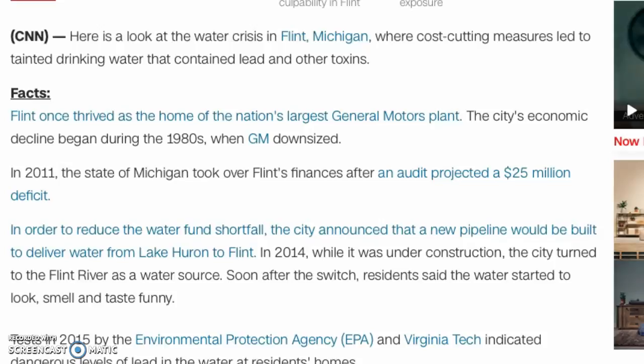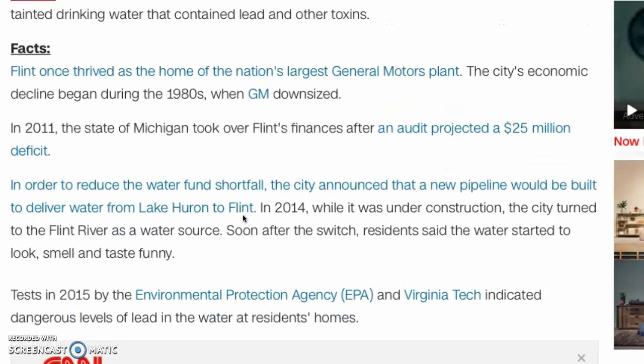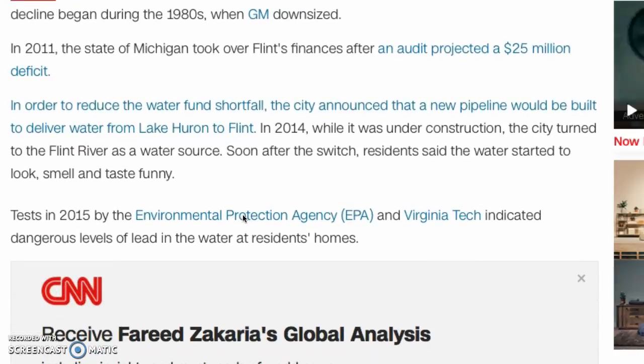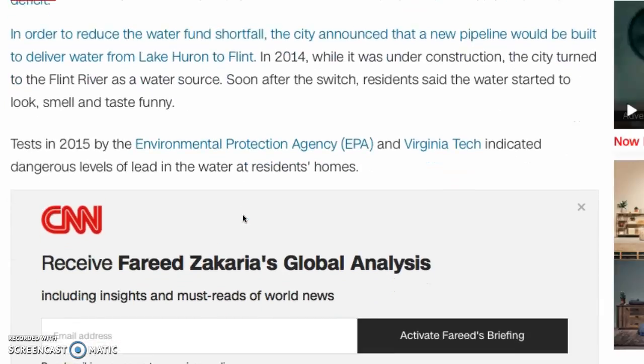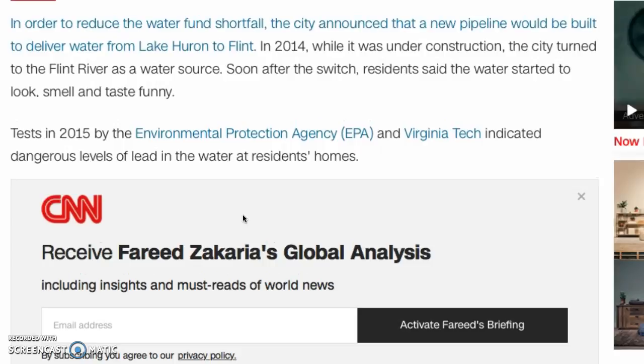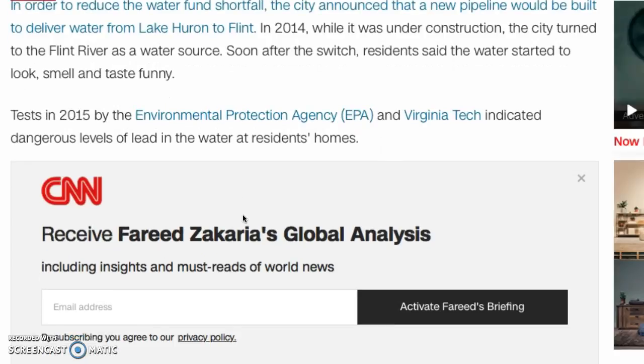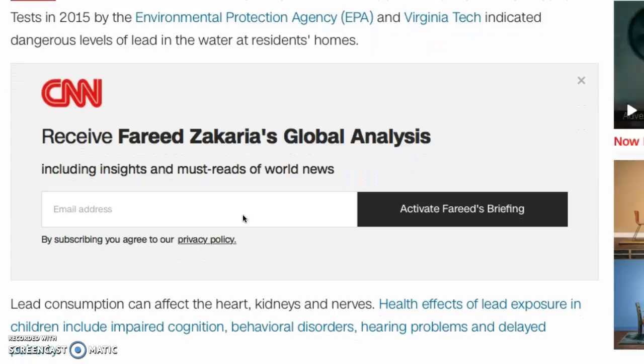So looking at this, we can see that they've highlighted the basics of what happened, such as how in the 1980s, General Motors' plant began to decline, and so GM downsized, leaving Michigan in some financial crisis. They switched their water sources, which turned out to be the beginning of a very bad situation.